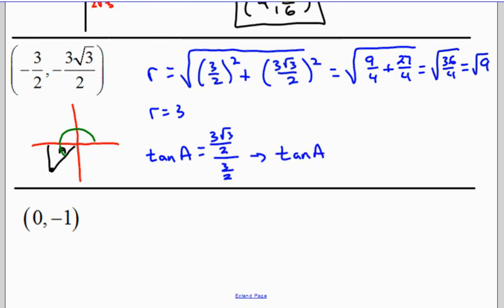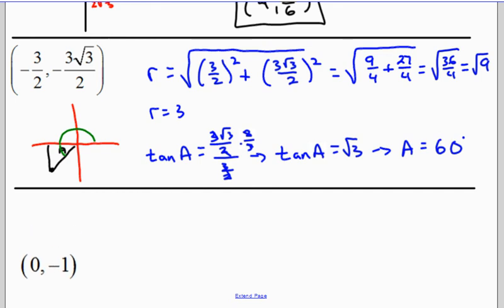So the tangent of my angle, if I flip this, I'm going to multiply this by 2 over 3. The 2's cancel, the 3's cancel. This is going to be square root of 3. So A is going to be 60 degrees. Or in radians, pi over 3.